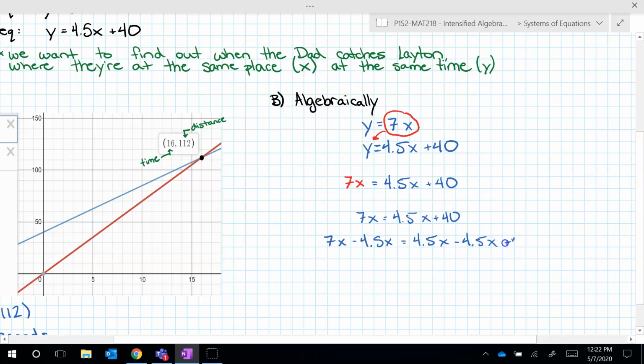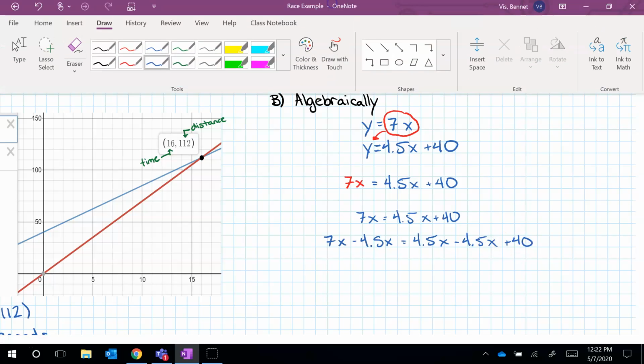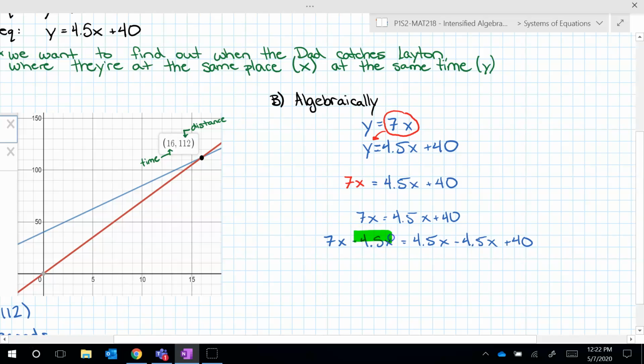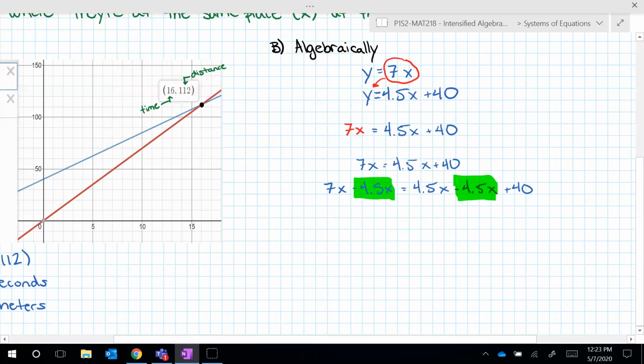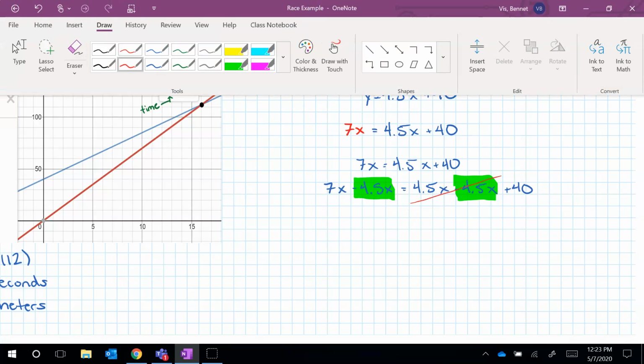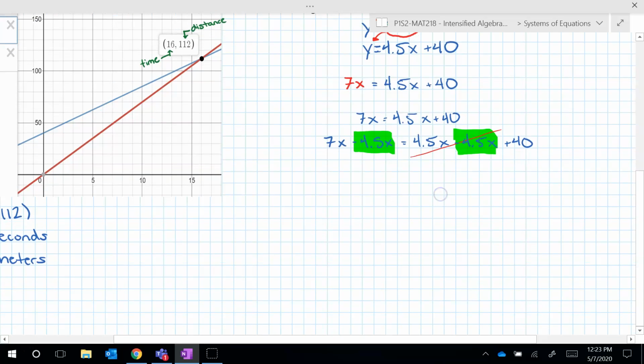I'm subtracting 4.5x from both sides. And that's going to make this go to 0. It disappears. Something minus itself is 0. 7 minus 4.5 is 2.5. So I have 2.5x equals 40.